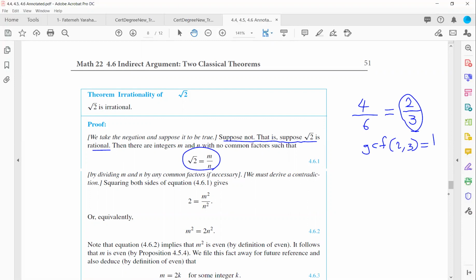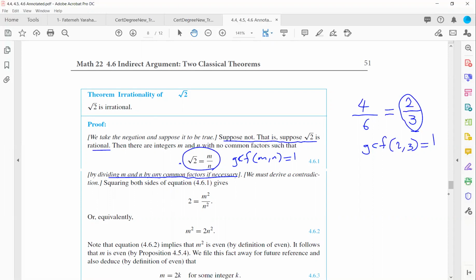This is very important. We're going to get an error because of this condition. So suppose there is no common factor between m and n. GCF, greatest common factor, between m and n is equal to 1.